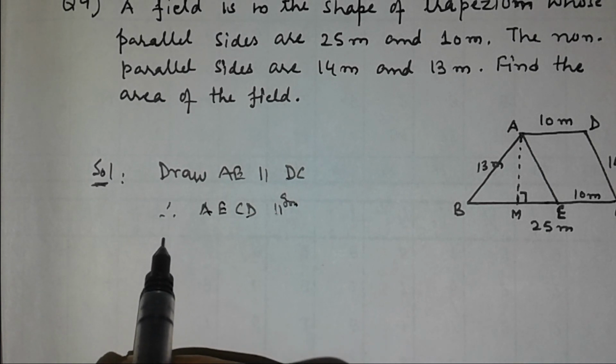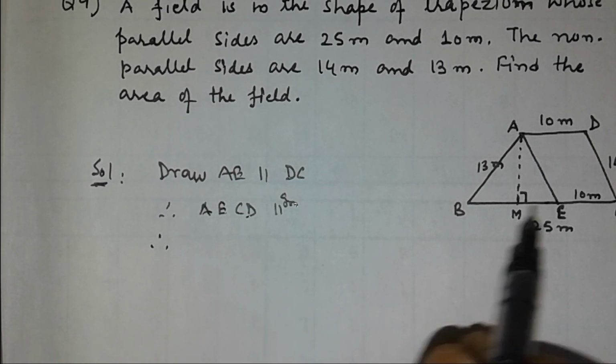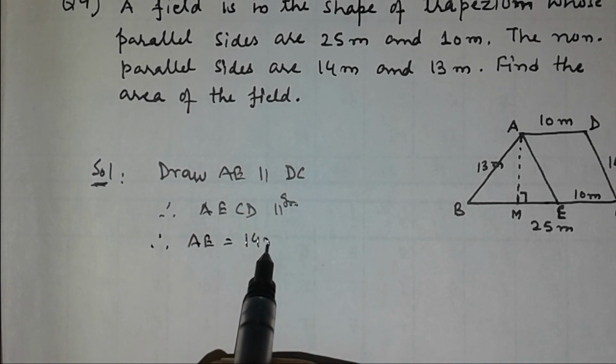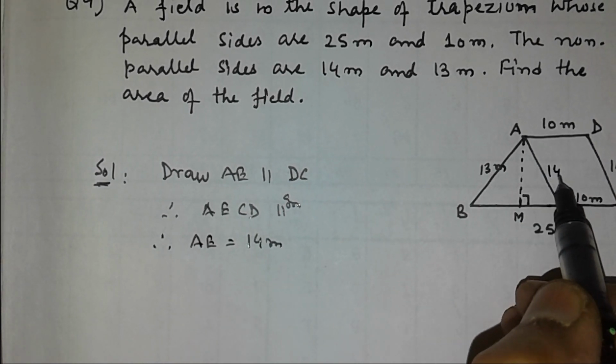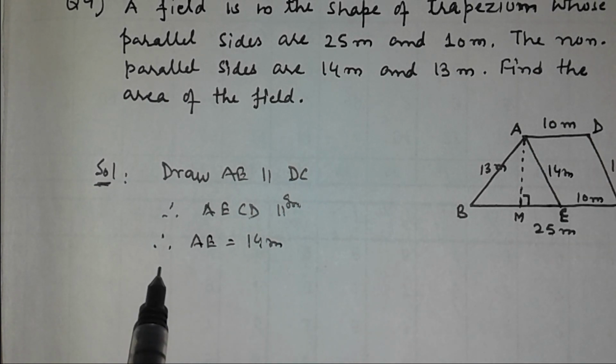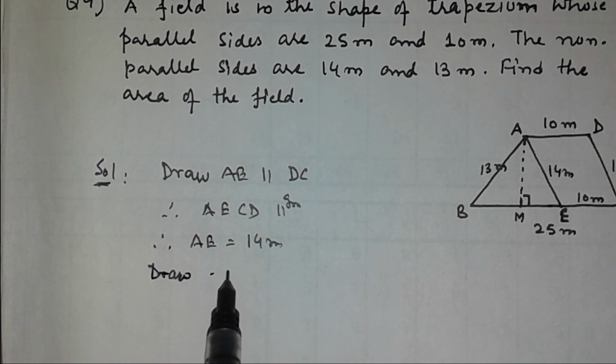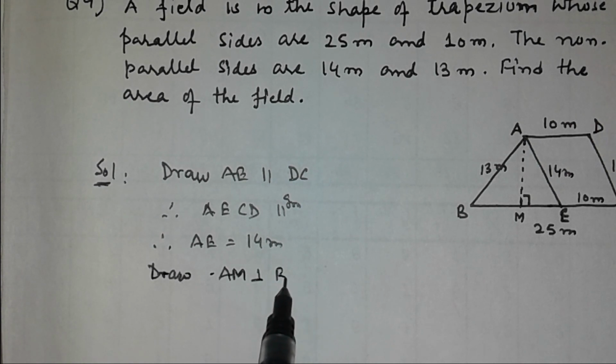So in that case, AE is also equal to 14 meters. Now draw AM perpendicular on BE.